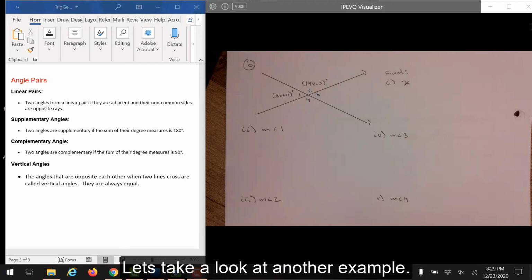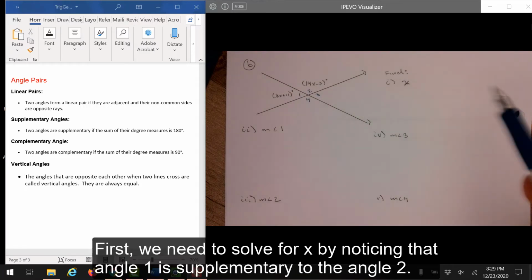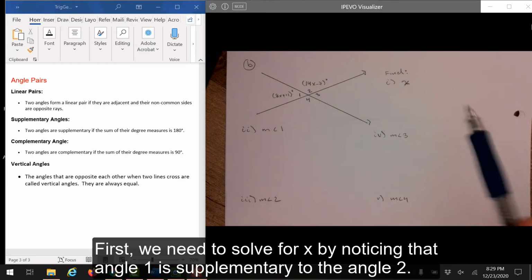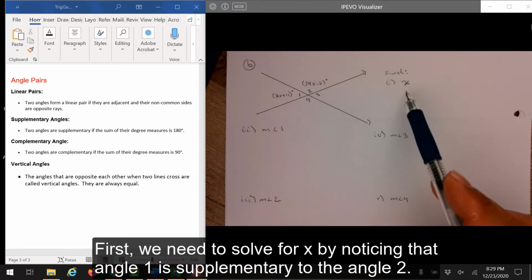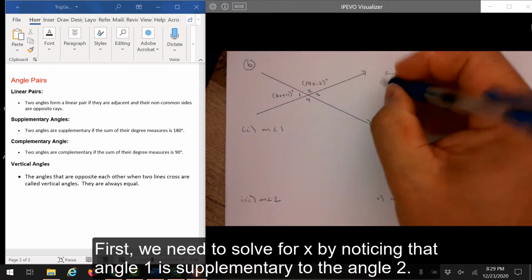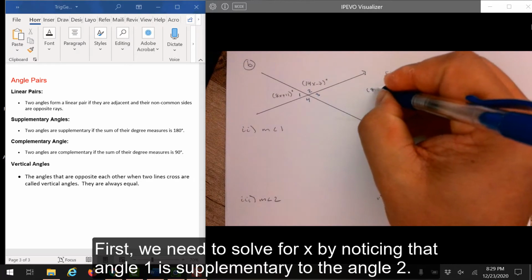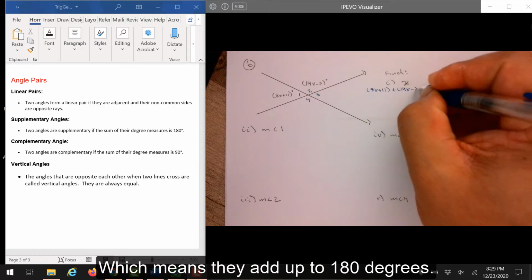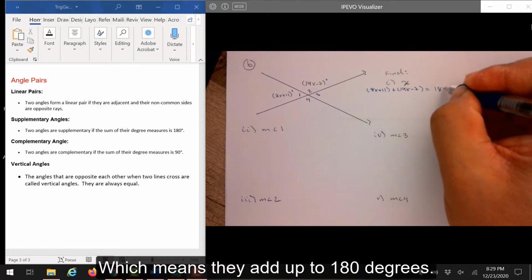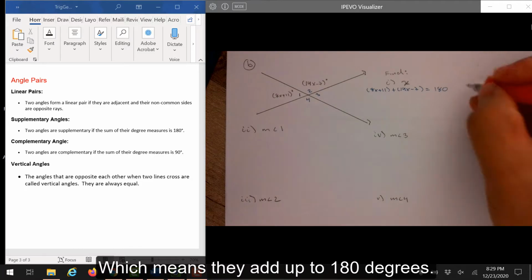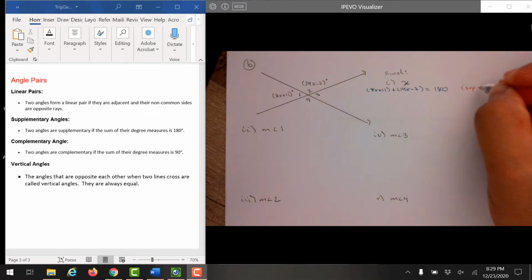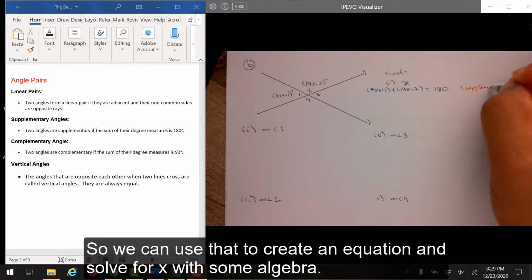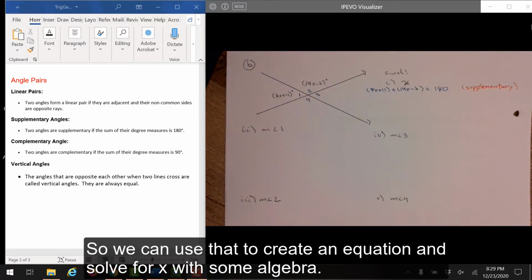Let's take a look at another example. First, we need to solve for x by noticing that angle 1 is supplementary to angle 2, which means they add up to 180 degrees. So we can use that to create an equation and solve for x with some algebra.